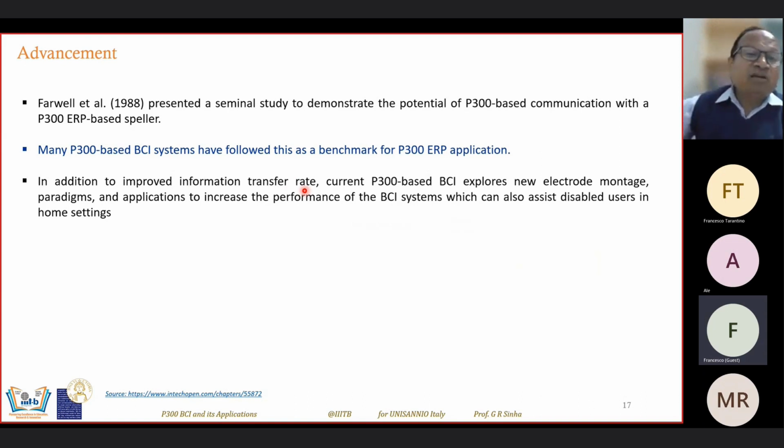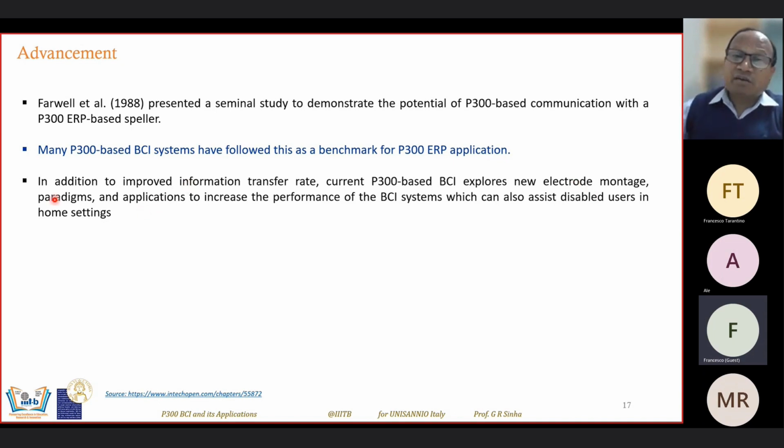So, to improve the information transfer rate, current P300 BCI explores new electrode montage, to see how improvements can be made. There is various research and there are advances taking place in order to improve the performance of P300 in all upcoming versions. So how can we do the new electrode montage? I have already explained that montage means arrangement of electrodes.